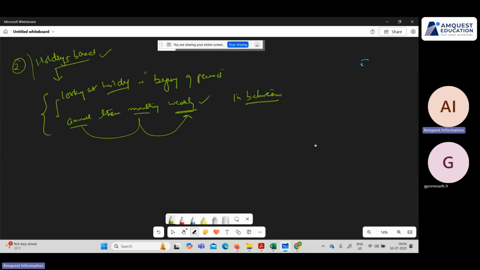So where can this holdings based be used? It can be used for passive funds, or maybe index funds, you can call it. Sorry, but in the first one, returns based, aren't you also regressing it over a time period? What are you doing over there? Yeah, obviously.